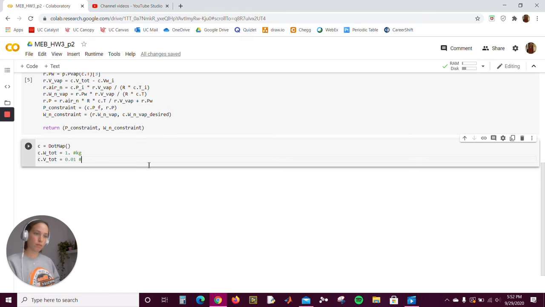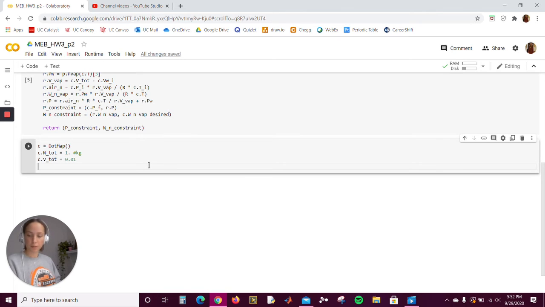Or no, that would be in milliliters. That's 10 liters. And our initial pressure is equal to 100,000 pascals.